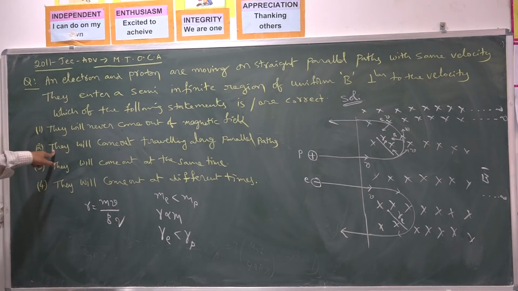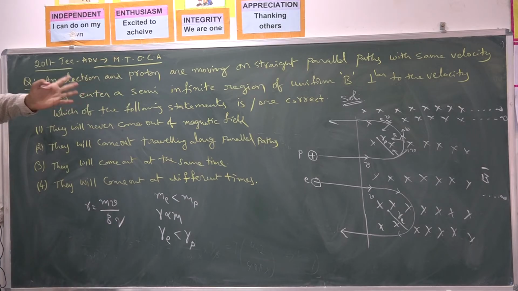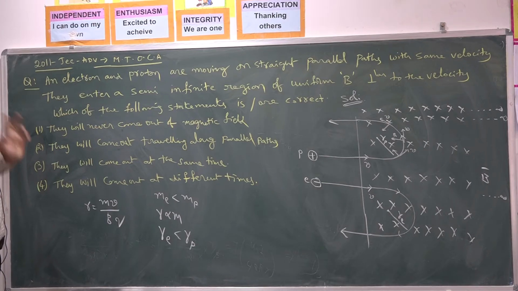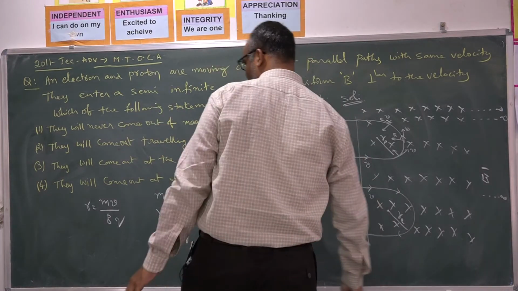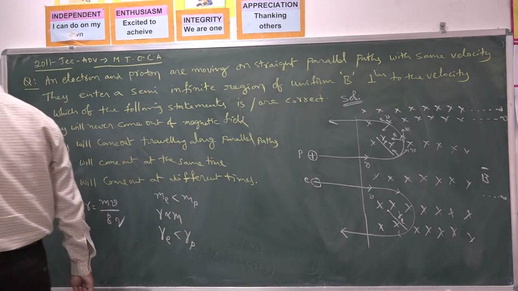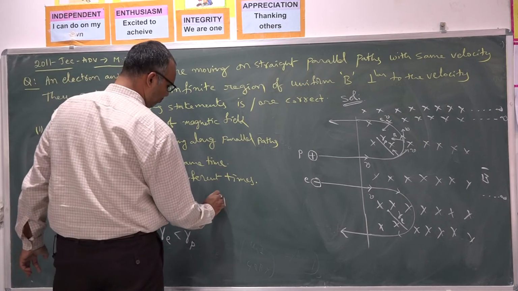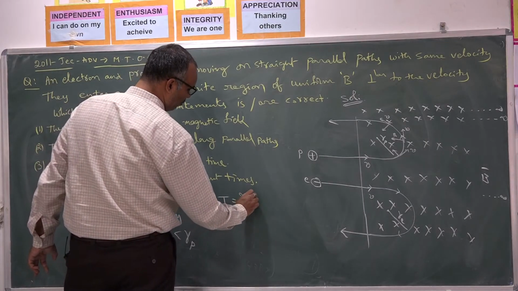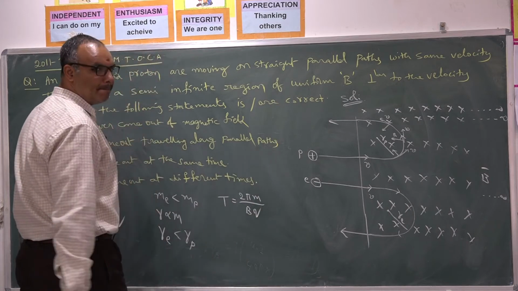As it is a multi-correct answer type question, we have to check the other options also. Will they come out at the same time, or will they come out at different times? So what is the time taken by the particle to come out? If you want to calculate the time, what is the formula? We already calculated. Time taken can be calculated by the formula 2 pi m by Bq.